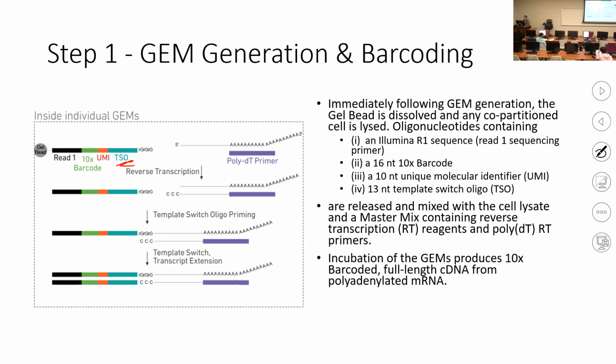You have the same design for this 10x barcode to tell you which cell this is. Then you have UMI that will tell you the unique molecule you captured. And then this 13 base pair template switch oligo is next.